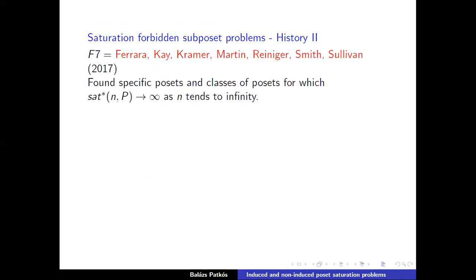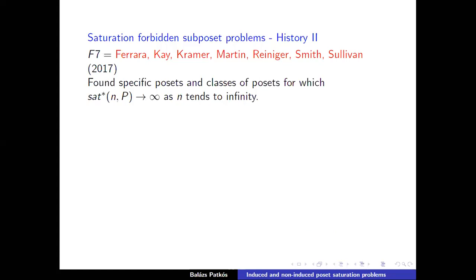Okay, so what else was done before? There is a paper by 7 people, even more than the 6 authors paper that we had. The authors are Ferrara, Kay, Kramer, Martin, Reininger, Smith, and Sullivan.